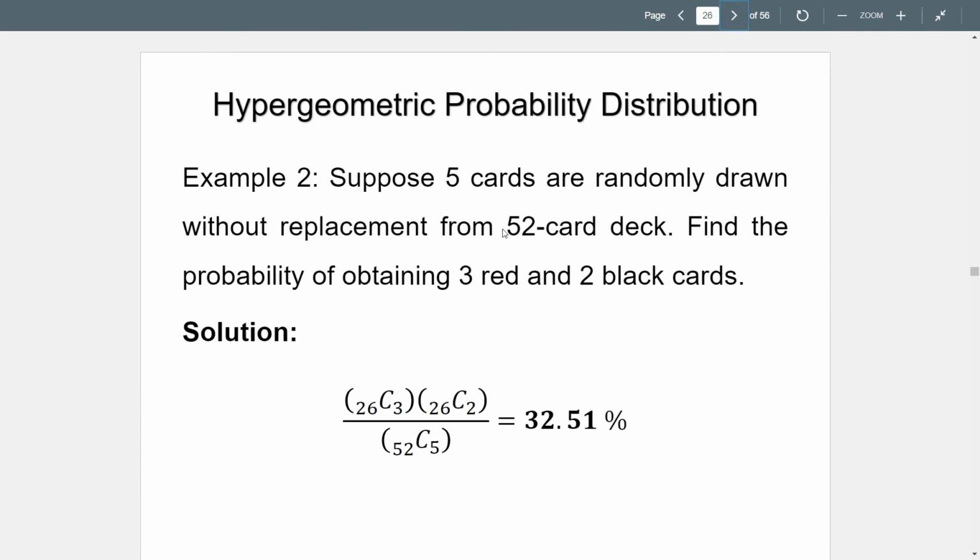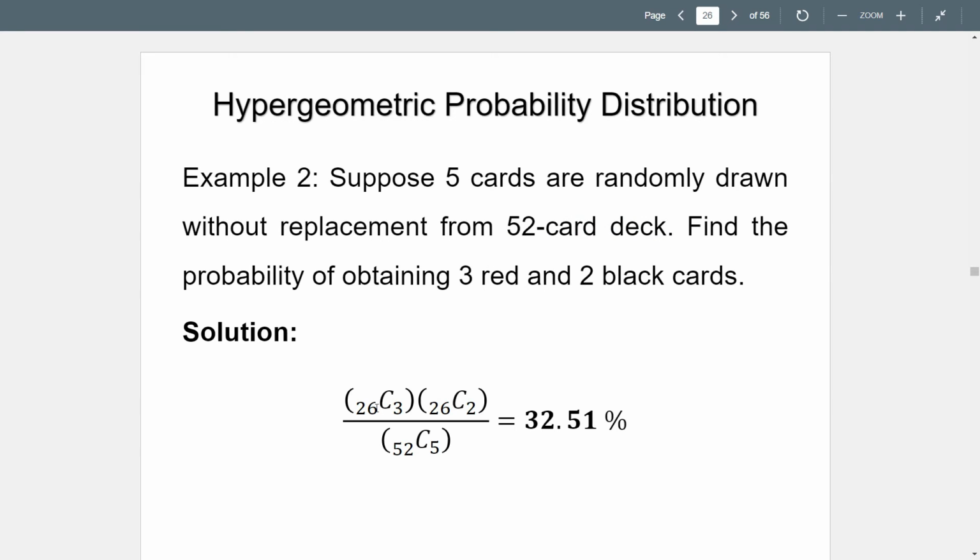Suppose that 5 cards are randomly drawn without replacement from a 52 card deck. Find the probability of obtaining 3 red and 2 black cards. In a 52 card deck, you have 26 red and 26 black.